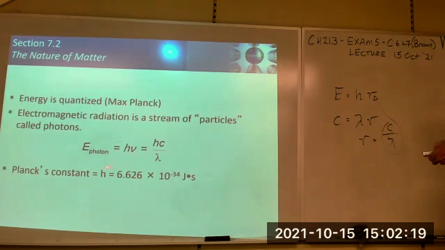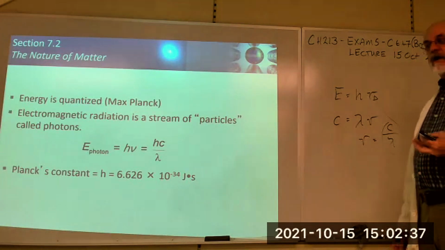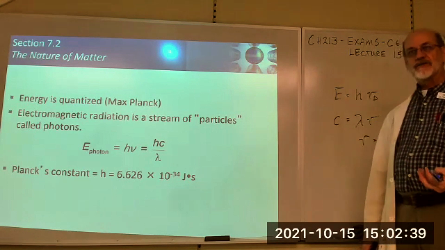Oh, and there's the value of Planck's constant. 6.626 times 10 to the minus 34 joule seconds. That's almost like a mole. Yeah, it's just the wrong direction. It's minus 34. But it's what we call in the sciences a proportionality constant.